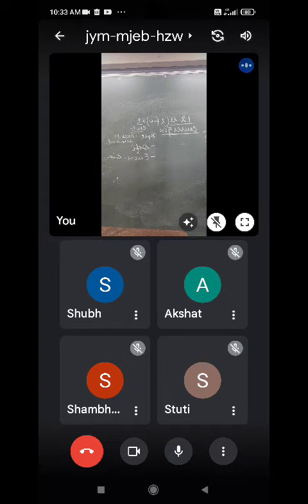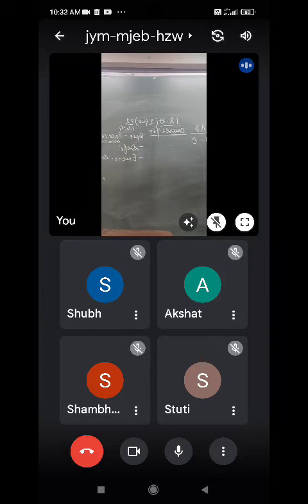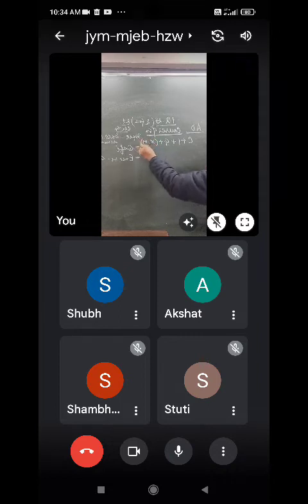Now, the first cause of excess demand is C plus I plus G plus X minus M. We will go through the components of aggregate demand and we will see the causes here.